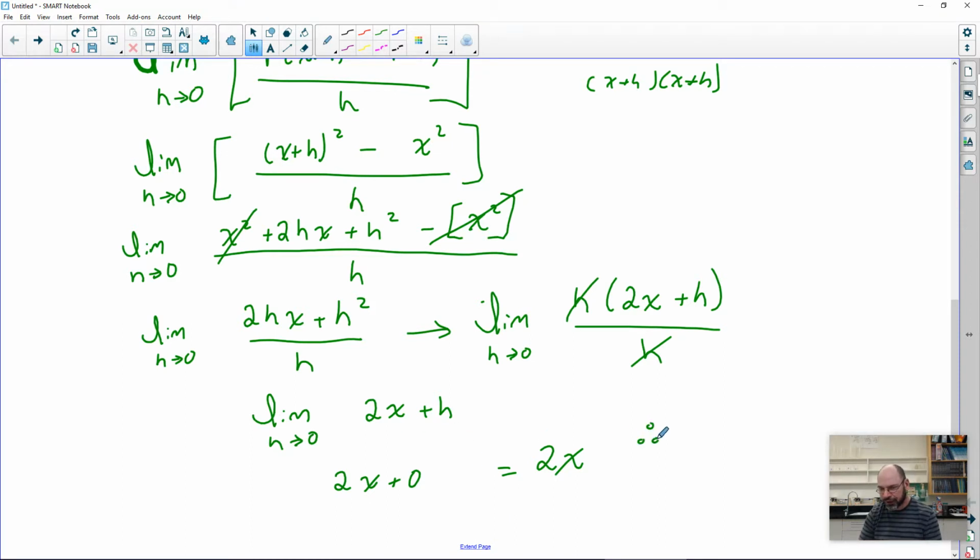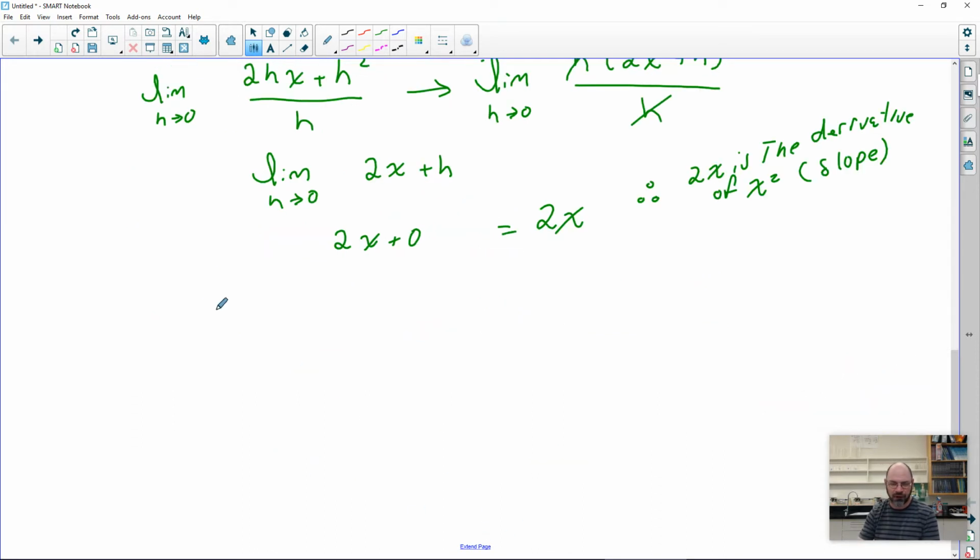Therefore, which I use 3 triangles to represent, 2x is the derivative of x squared. And it also represents the slope. Okay, so if we needed the slope at any point, we could now figure out, so what is the slope at x equal negative 2?